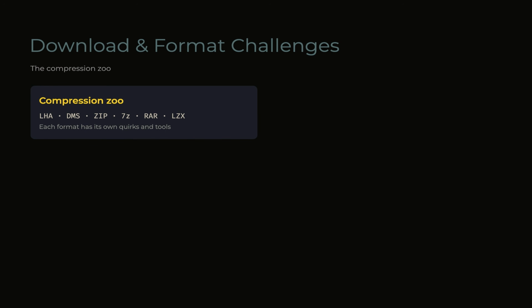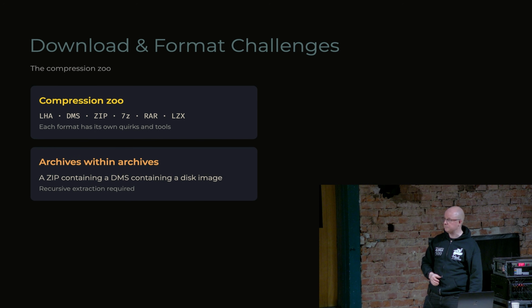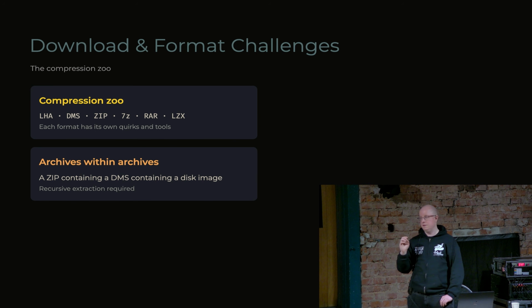So I'm focused mostly on the Amiga and the C64 to begin with, and I also have support for some console platforms. But the idea is that it needs to be expanded, but many of these problems exist on other platforms as well.